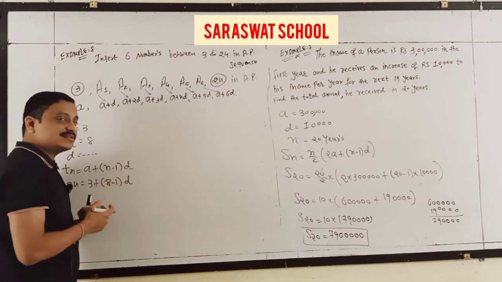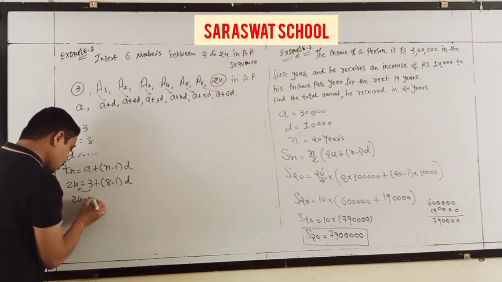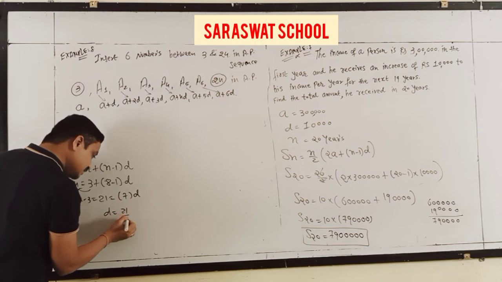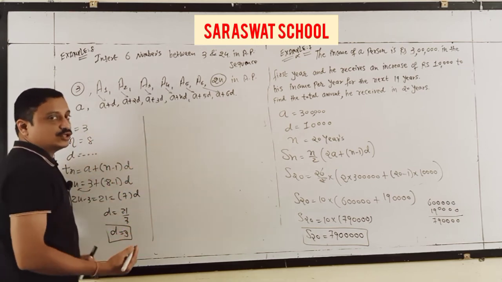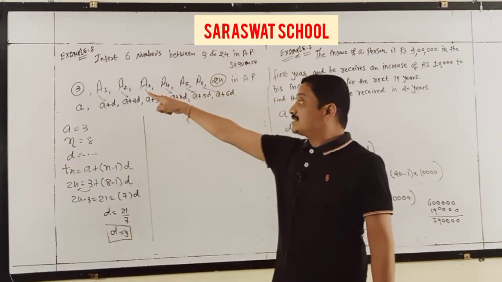So I can easily find d. 24 minus 3 is 21, equal to 7d. So d is 21 by 7, d becomes 3.